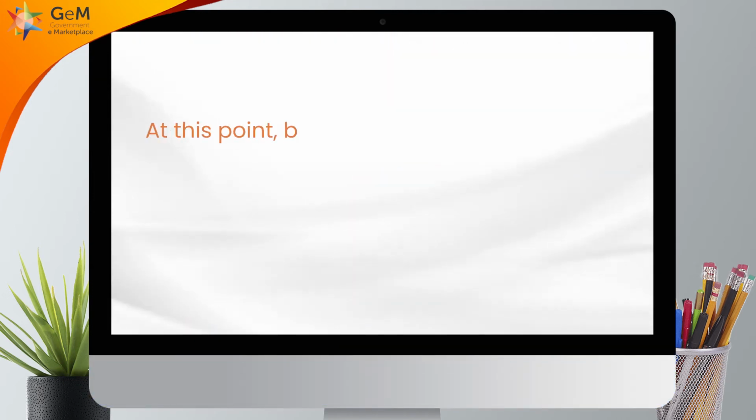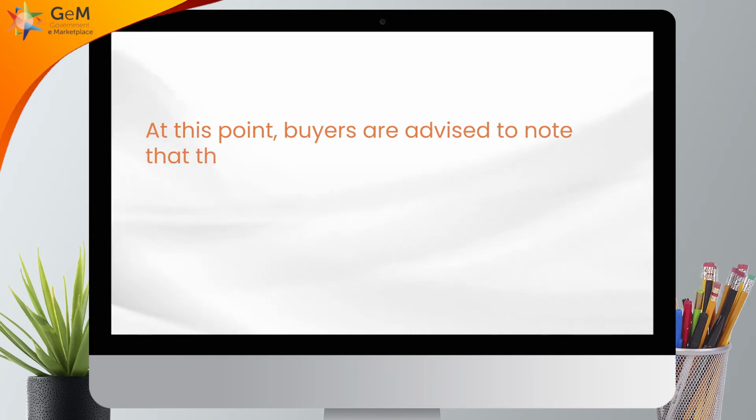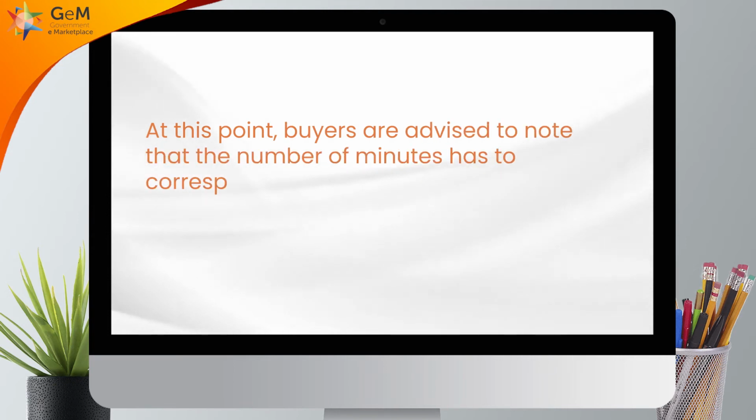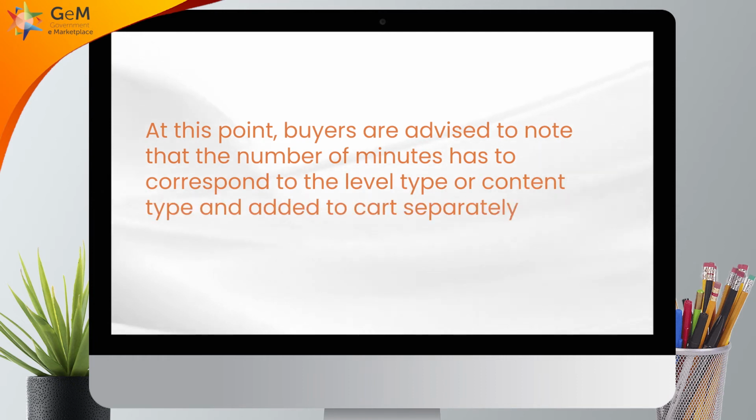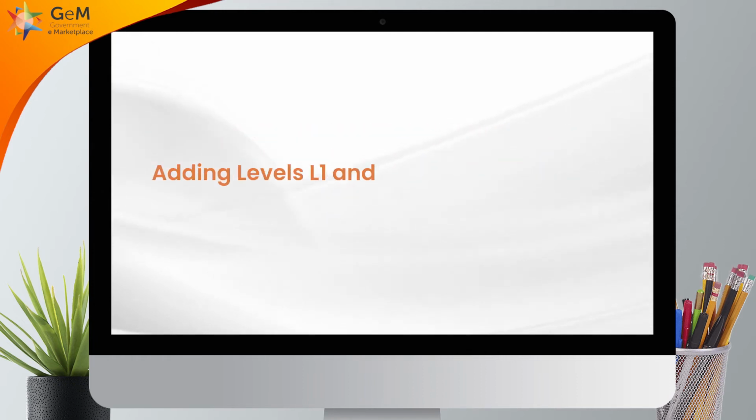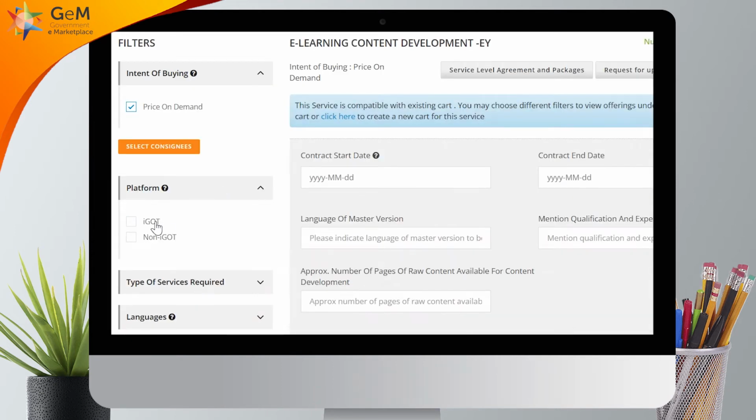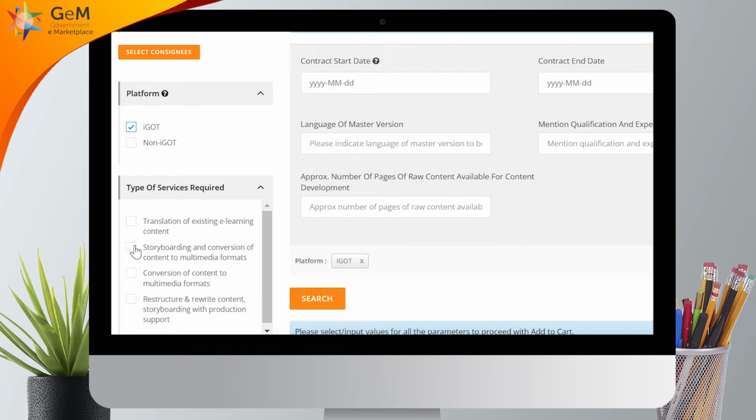At this point, buyers are advised to note that the number of minutes has to correspond to the level type or content type and added to cart separately. An example of adding levels L1 and L2 to cart separately is shown. Firstly, 10 minutes of L1 is being added to cart.